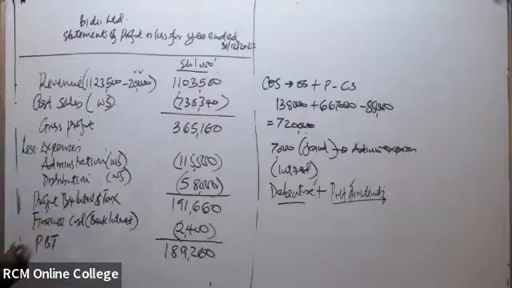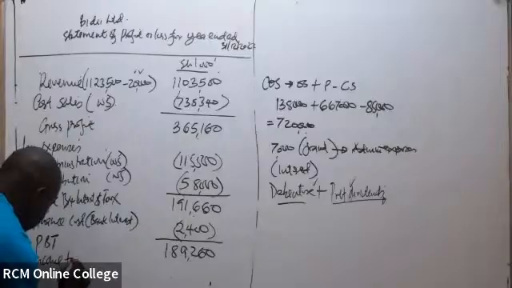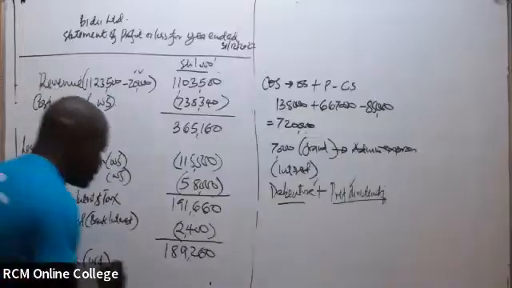Then, because this is before tax, we have to consider our tax. We had actually computed the income tax under working number 4, which is the last item we computed in our previous class. It was 51,600.